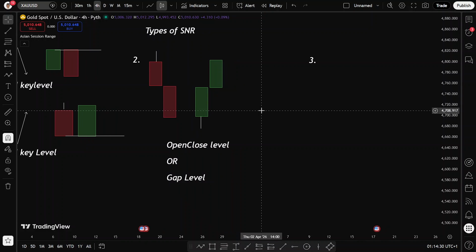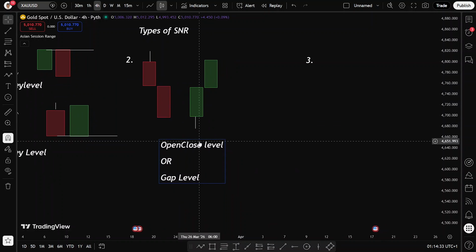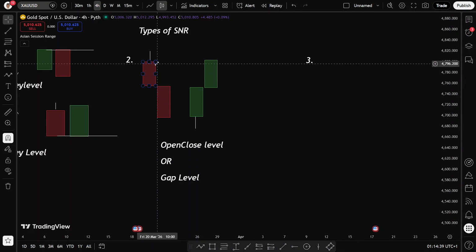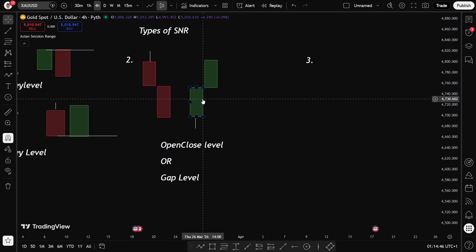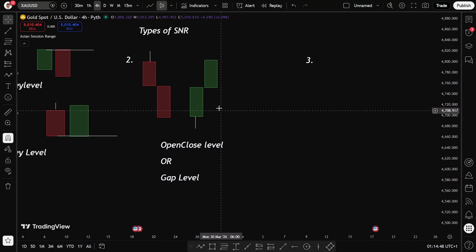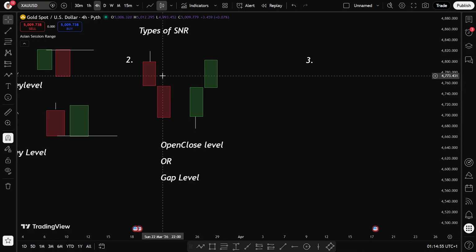Then another one which you guys are not really used to is the open close level or the gap level. For the open close level, it is a bearish candle followed by another bearish candle. That is our open close level. And when you see two bullish candles as well, a bullish candle followed by another bullish candle. We'll still go on the charts to look at this.